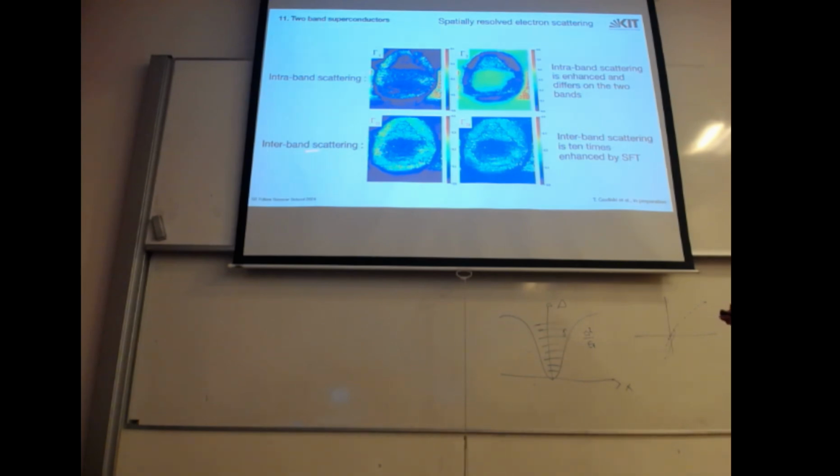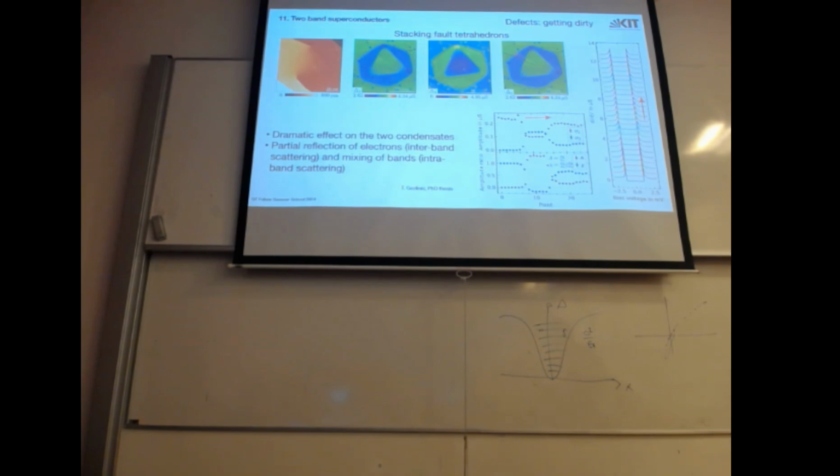And this is interband scattering, so scattering from band 1 to band 2, or 2 to 1, and also the defect changes it. So that means here, not a peak is disappearing, but actually at this defect, the two bands are coupled together to the same size of the gap locally.